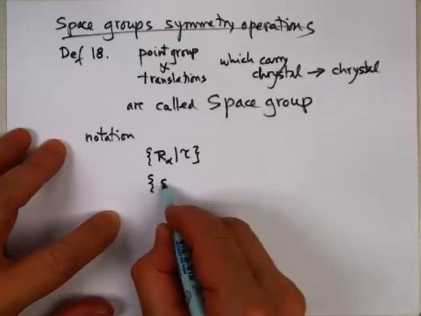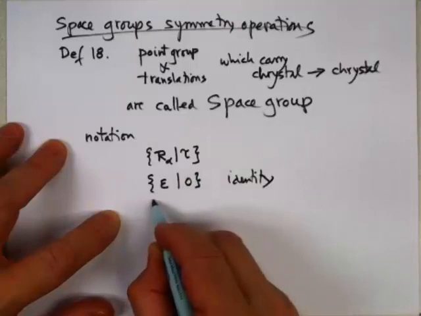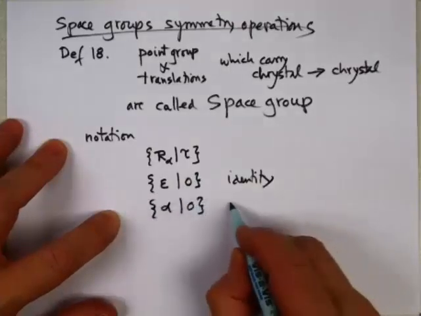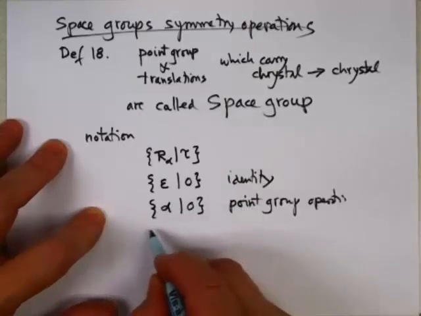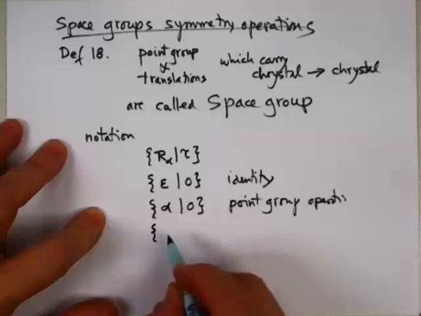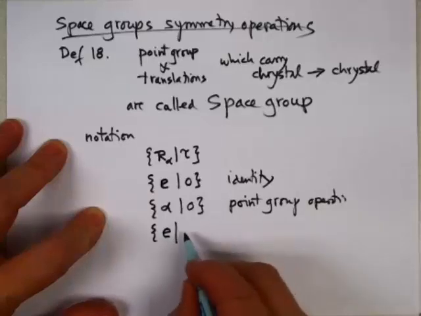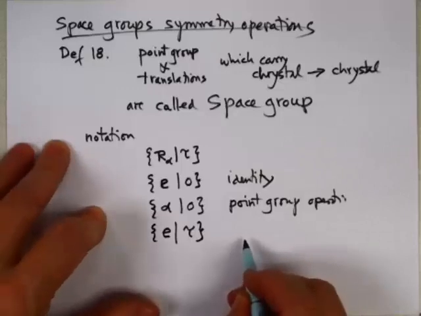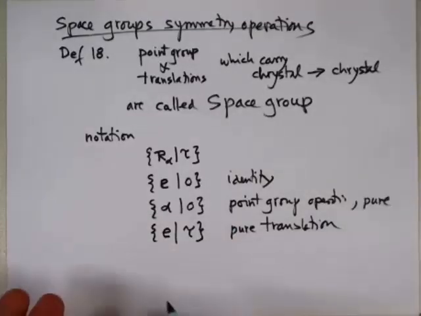If I don't do anything, I translate by 0. That's the identity. If I rotate by alpha, it's our usual setting of finite groups, but now it's called point groups. Or if I keep the orientation fixed, so that's identity, and I move by lattice spacing or multiple spacing tau, that's a pure translation.